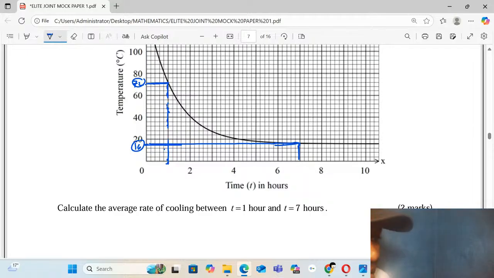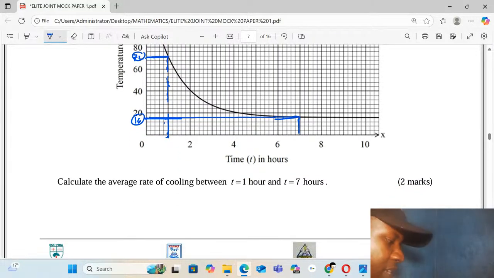So for the average rate of cooling, you simply find the gradient of that curve. And how do you find the gradient? That is the change in y over the change in x.